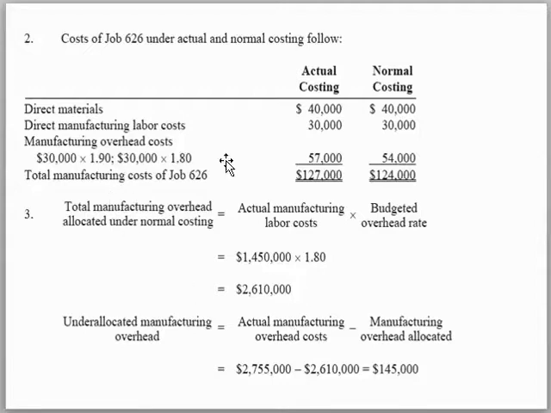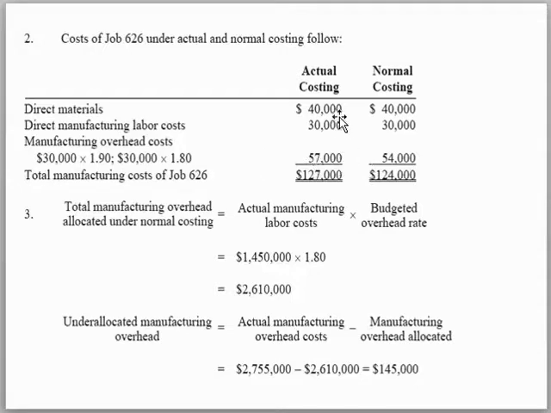So in the actual costing he multiplied the actual base, which is 30,000 labor costs, by the actual rate, which is 1.9, to give us 57,000. And in the normal costing, he multiplied the actual base, which is 30,000, by the budgeted rate, which is 1.8, to give us 54,000.